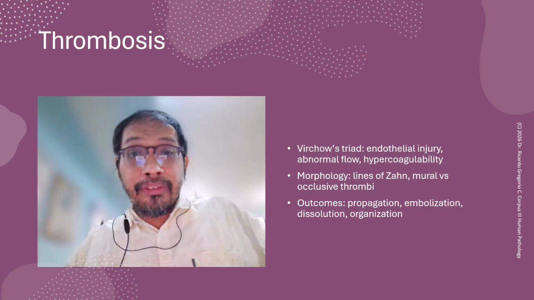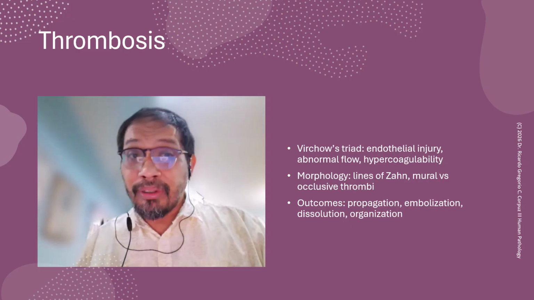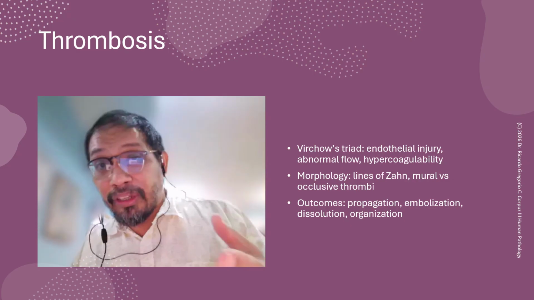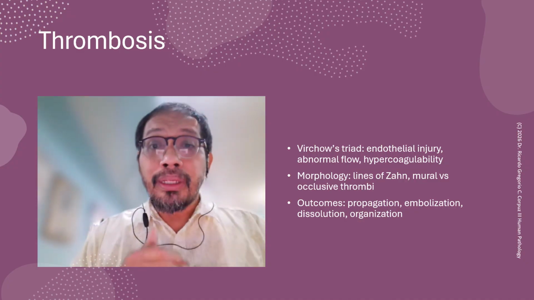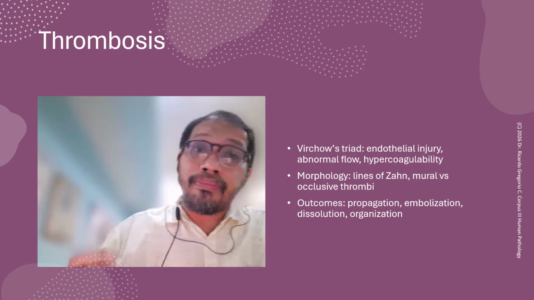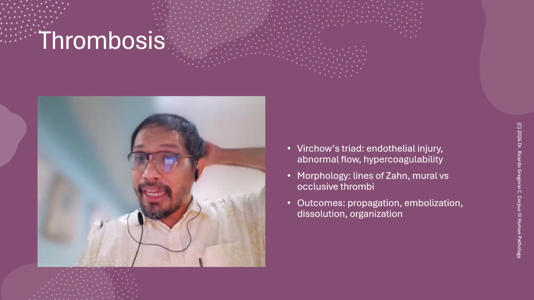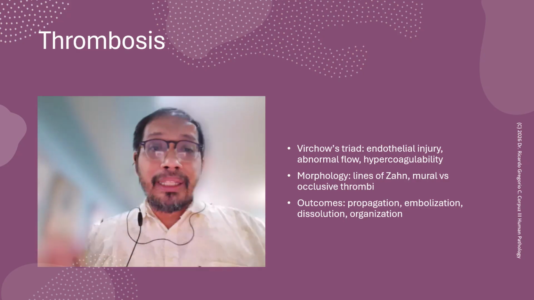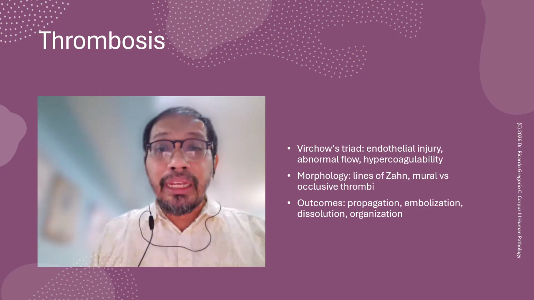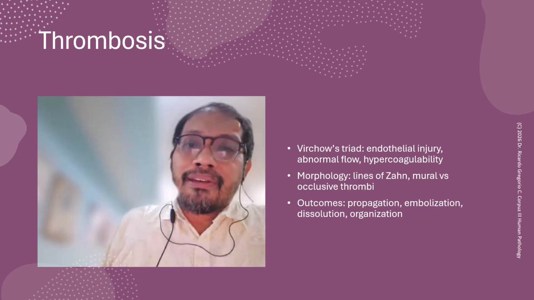Dissolution. Early thrombi may be removed by fibrinolysis, restoring normal blood flow. So these outcomes become less likely as the thrombus becomes more organized. Organization and recanalization. Over time, thrombi can be incorporated into the vessel wall through ingrowth of endothelial cells and fibroblasts.